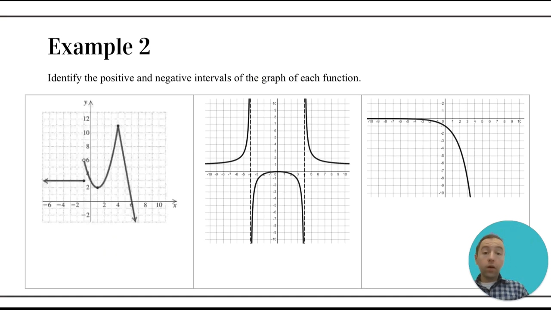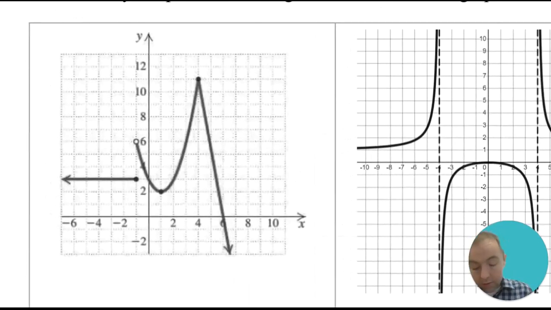Right. So we're going to actually look at the same graphs that we looked at in terms of increasing and decreasing and constant intervals here. So in this first example graph, for us to identify where it's going to be positive, just look at all the places where it's above the x-axis, right? So this, and all the way until you get to like 6 right there, right? That's where this graph is all positive.